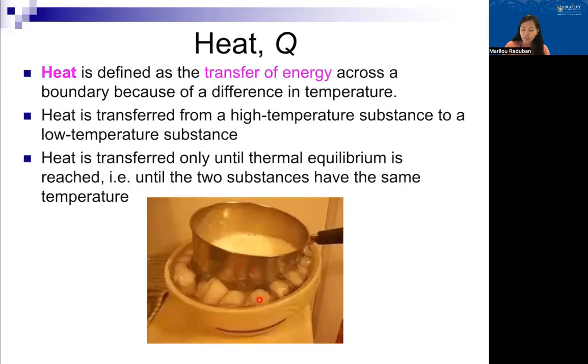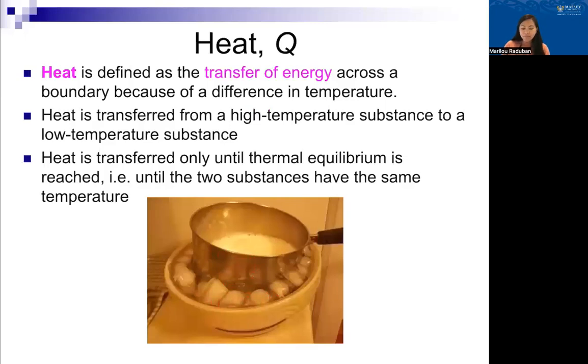And also eventually the ice in the cold bath will melt. Okay? And we know that when the hot pot cools down, its temperature will decrease, and for the ice to melt, its temperature would have increased, right?